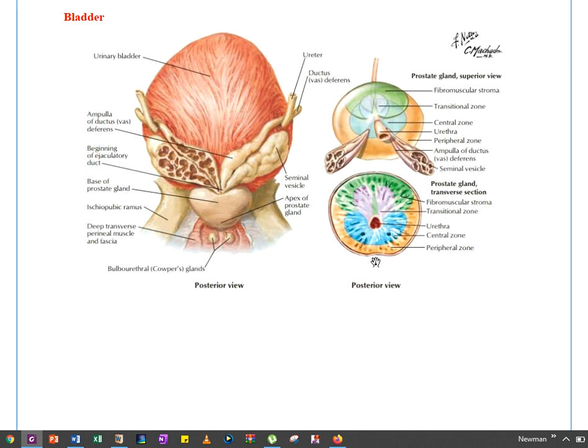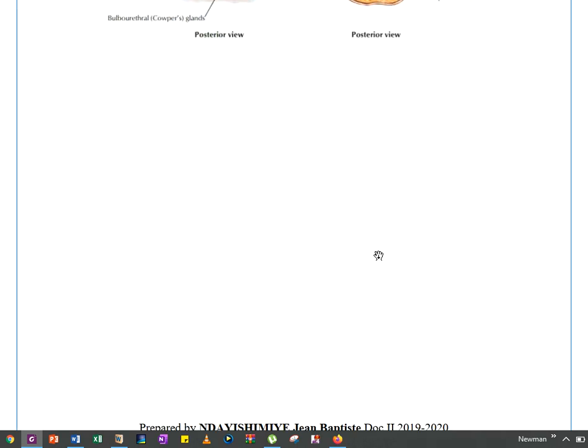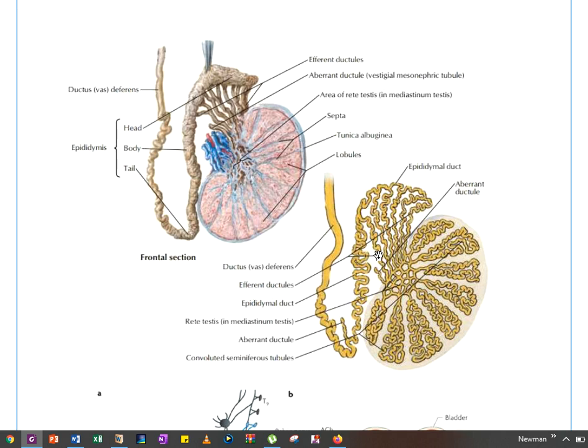But in someone with tumor or cancer of prostate gland, this sulcus that we are seeing here gets distorted so that you could not palpate that sulcus, which is also the importance of doing physical exam. So here is testis.